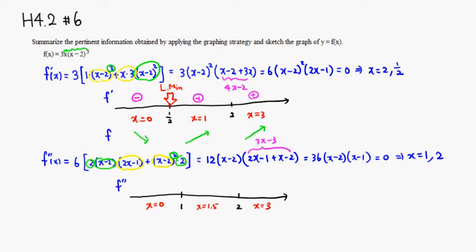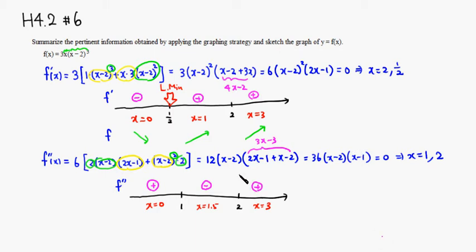We just need to look at the sign. If you put 0 here, negative 2 times negative 1 is positive, so you get a positive sign there. For 1.5, that's going to be negative, that's going to be positive, so it's going to be negative. For 3, positive, positive, so everything is positive.